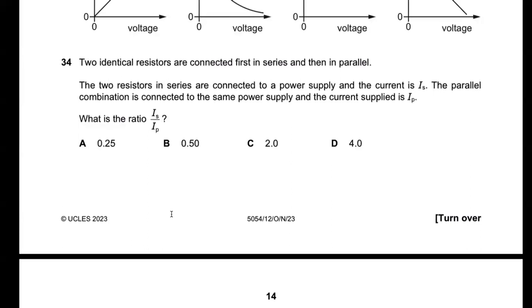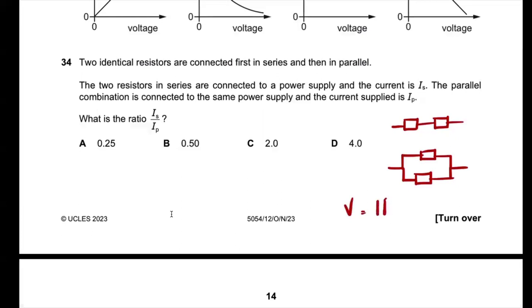So IS is current in series, right? So current in series, if I just make two resistors in series, these are two resistors in series and these are the same two resistors in parallel. Now, if they're connected to the same power supply, then in terms of the equation V equals IR, V is not changing.